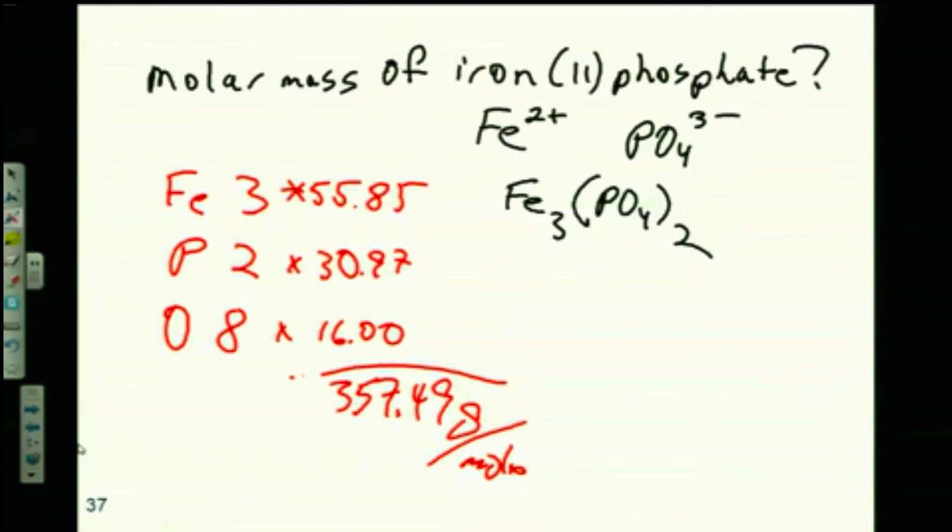So if you go with 4 sig figs for your masses, then you're going to be more than enough. So if you write down 55.85 instead of 55.849, whatever it is, okay? Because you can go to books and look up these atomic masses to like 5 or 6 decimal places. We're not going to be that precise. 4 sig figs is going to be good enough for us, okay?